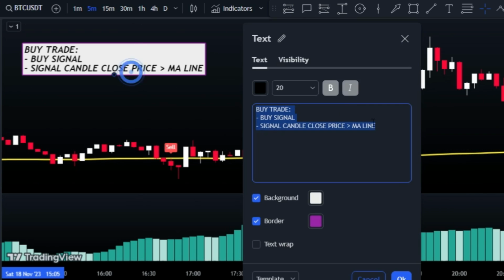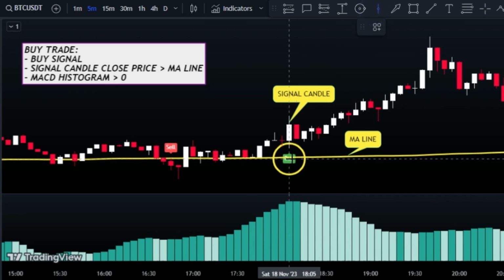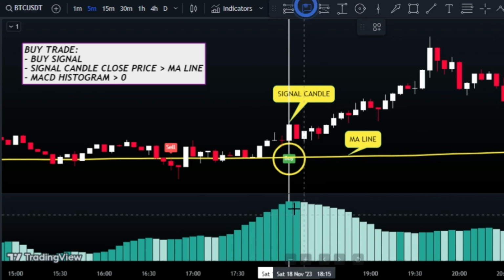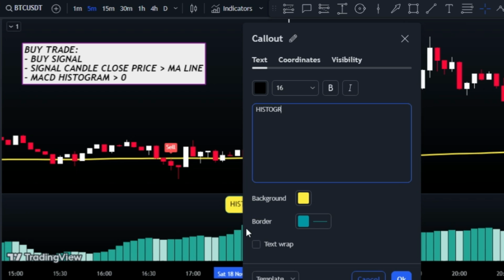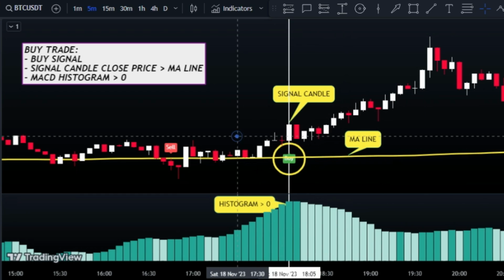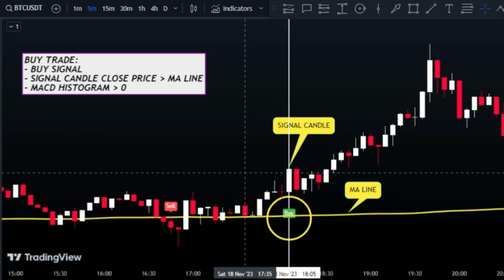And for the final step of confirming a buy signal, the MACD indicator's histogram should be positive. With all these conditions met, your buy signal is good to go and you can dive into a long trade.